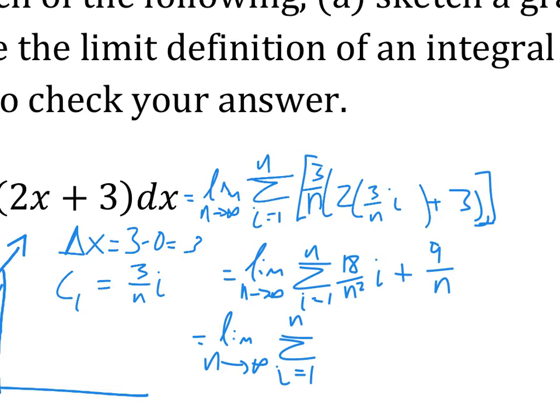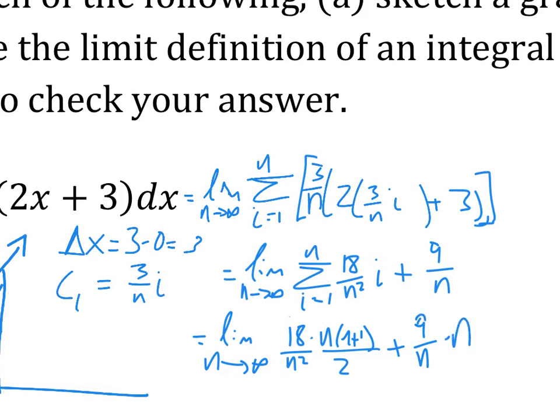Let's go ahead and figure this. Okay, we can do this sum. And we know we're talking 18 over n squared times n times n plus 1 all over 2, plus a constant 9 over n times n. Okay, and we'll clean this up and figure out the limit here.